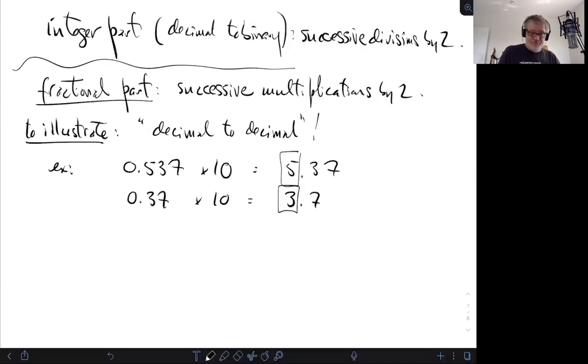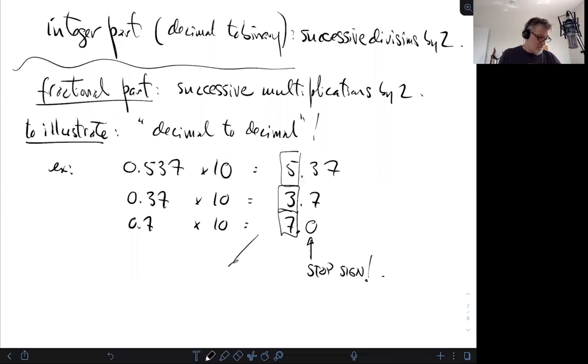The next digit. Then I repeat, I remove this 3, I get 0.7, multiply by 10, I get 7.0. And what does that 0 tell you? You stop. There's nothing left to do. And you look at the numbers that popped out, and they are exactly the numbers in your expansion.